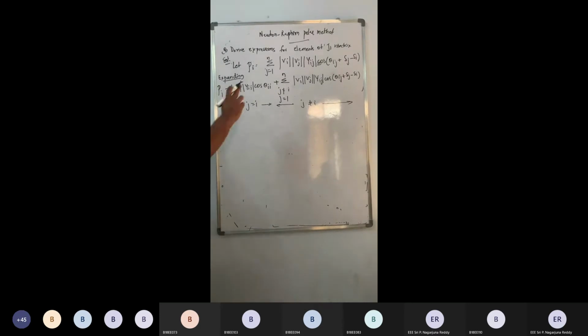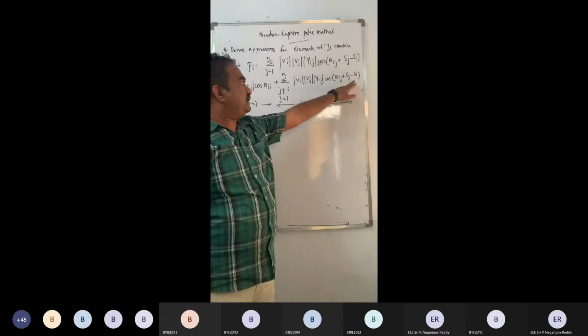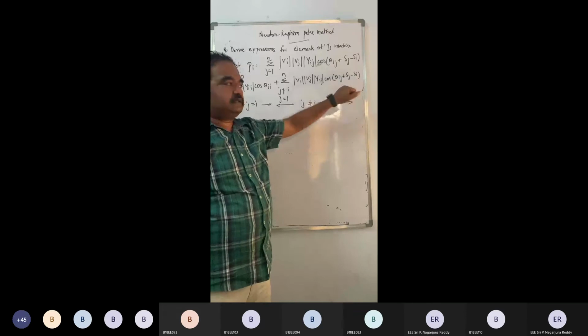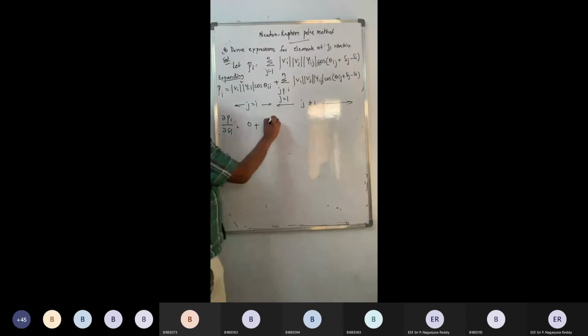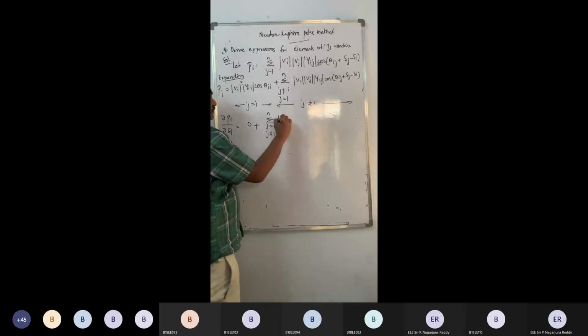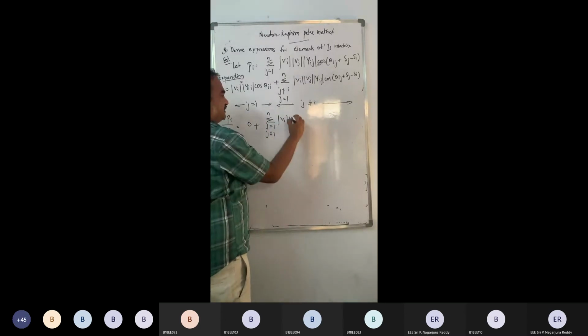Right. Now the first component, dou Pi by dou delta i. Deriving with respect to delta i. Do you have any delta i here? No, I don't have any delta i, so 0. Here I do have delta i. Sigma remains the same because it is of j value. I am deriving with respect to i, so this remains the same. This entire thing becomes a constant.